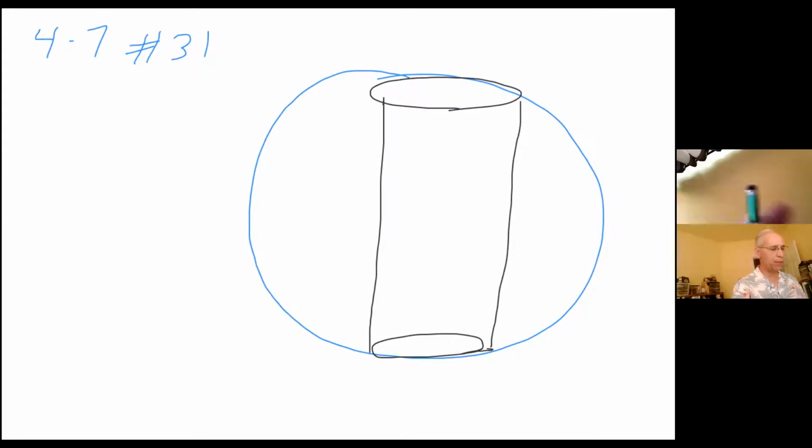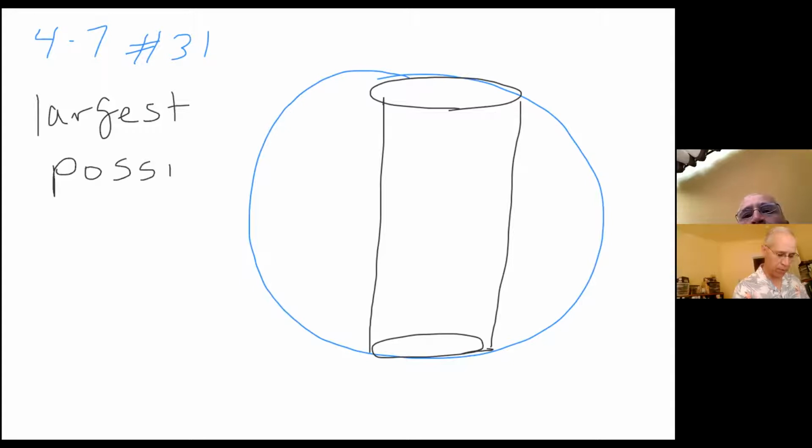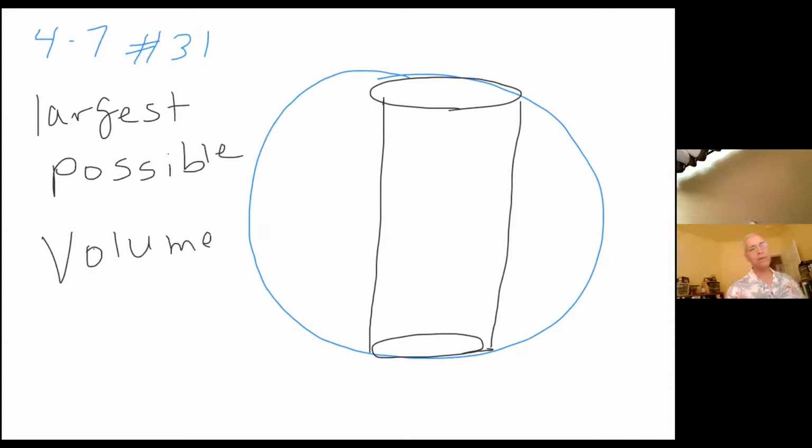Find the largest possible volume. One thing that is interesting here is that there's no way for us to find the smallest possible volume, because what happens is that you can just close this cylinder, make it smaller and smaller and smaller, and eventually you get a line.